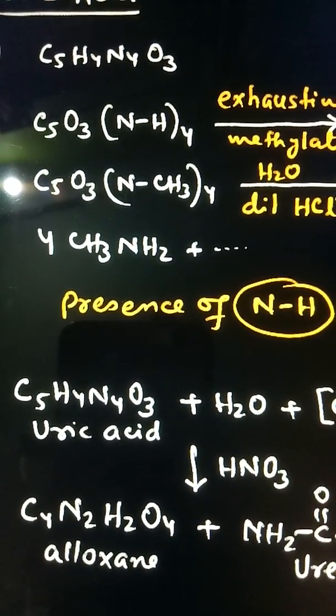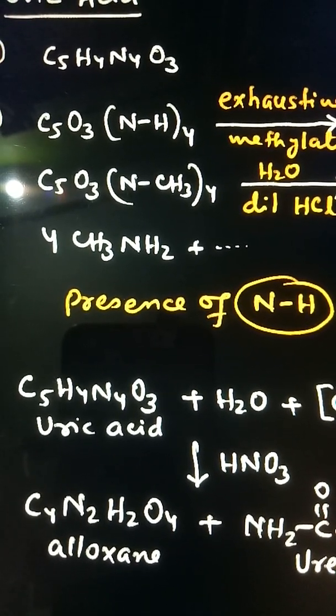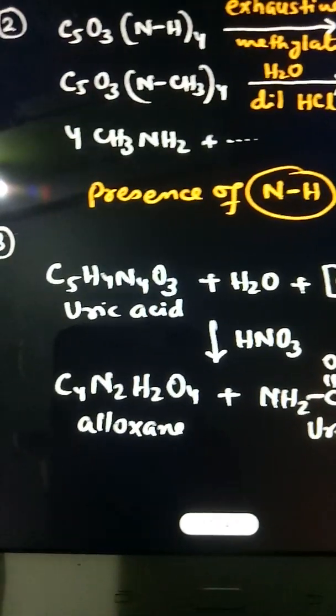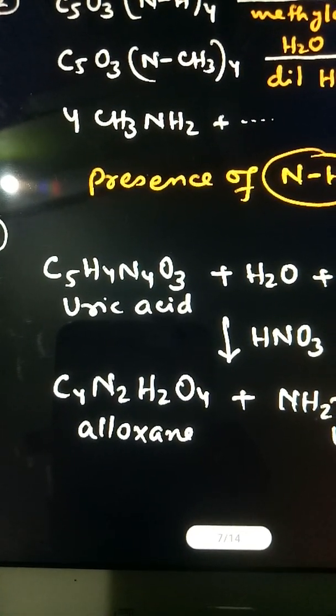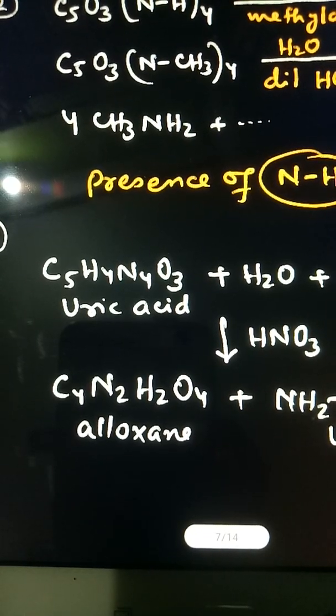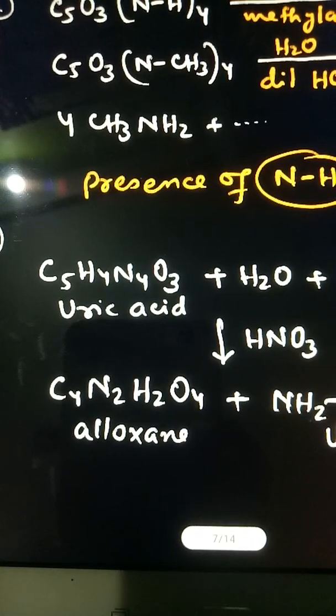Now presence of alloxan and urea unit. On oxidation with dilute nitric acid, uric acid forms alloxan and urea in equimolar proportions.